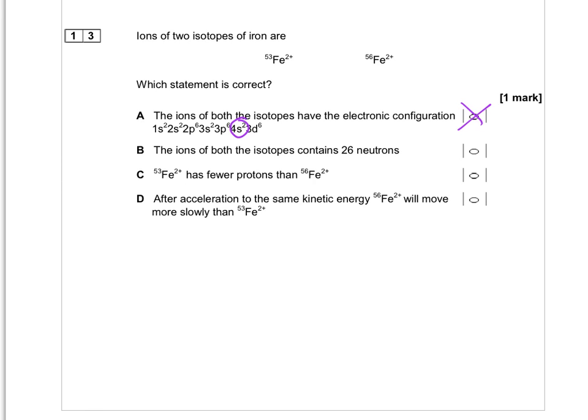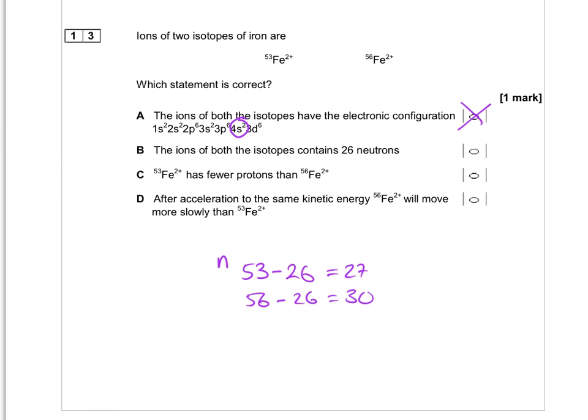The ions of the isotopes contain 26 neutrons. Well, we can work out how many neutrons they have. The first one has got a mass number of 53. It's going to have an atomic number of 26. You get that from the periodic table. Mass number minus atomic number gives you the number of neutrons. So it's 27 for the first one and 30 for the second one.